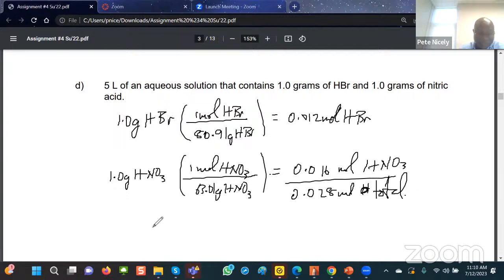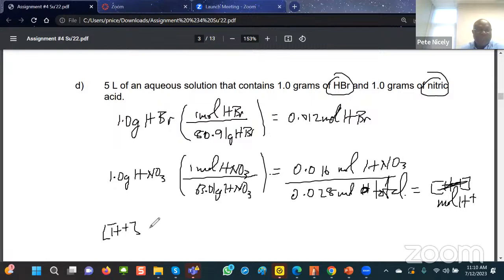Okay, and then as you correctly said, this would be equal to the concentration of H plus because they are both strong acids. HBr and nitric acid are both strong acids. So therefore the concentration, or actually this should be the moles of H plus. So the concentration of H plus would be equal to the moles of H plus, which is 0.028 moles divided by the volume, which is 5 liters.